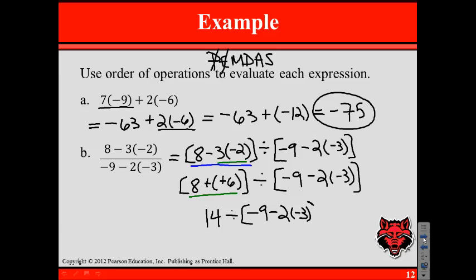Now going to the next set of grouping symbols, we deal with this, the multiplication first, not the subtraction. So we have 14 divided by negative 9 minus 2 times negative 3 is negative 6. Again, because we are subtracting a negative, that's the same thing as adding a positive. Draw an arrow because we're running out of room.